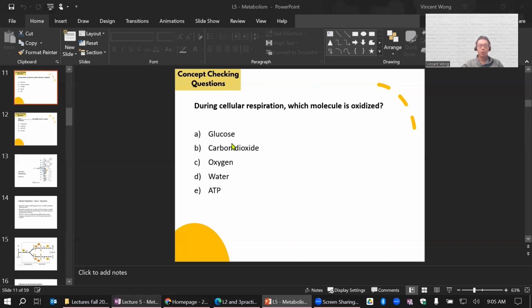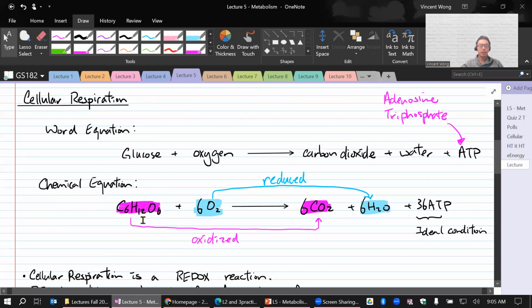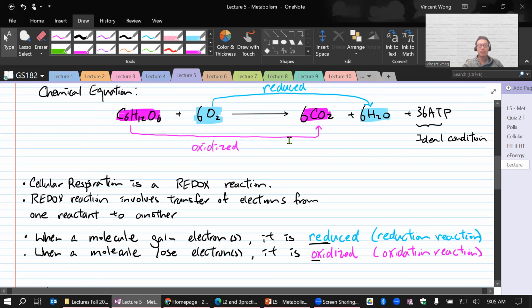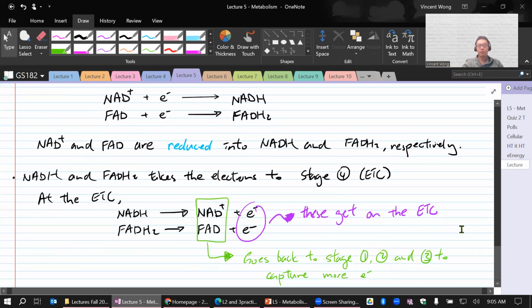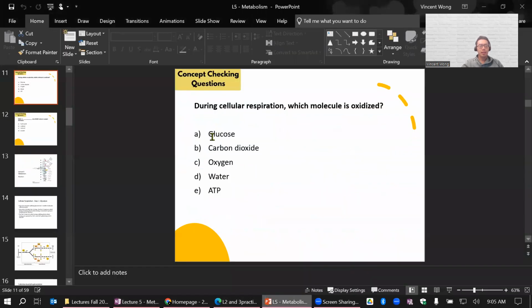So which molecule are we ripping electrons from? We are taking it from glucose. It literally says in our notes that glucose is being oxidized. So reorganize the notes at the end of class. I know you have to write a quiz today, but maybe tomorrow reorganize the notes so that it's nice and neat and you can refer to it when you need to. So that's the answer, A.